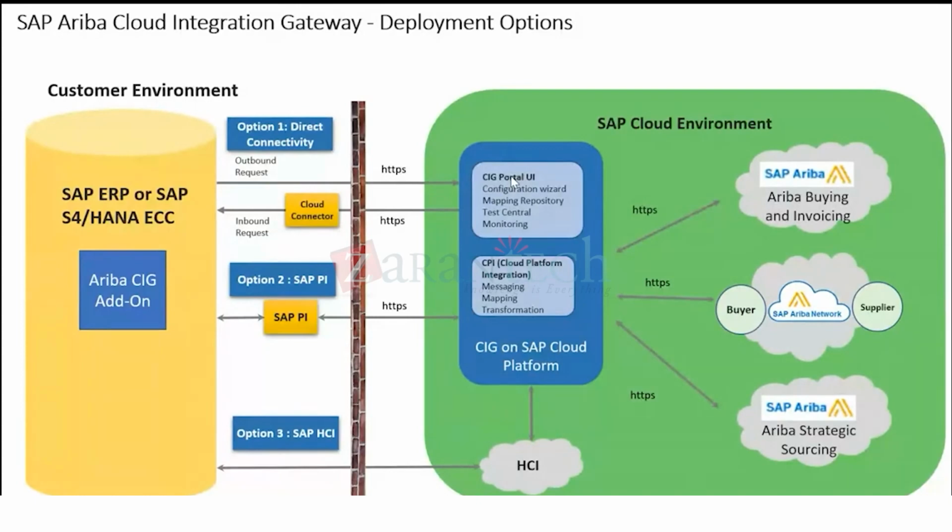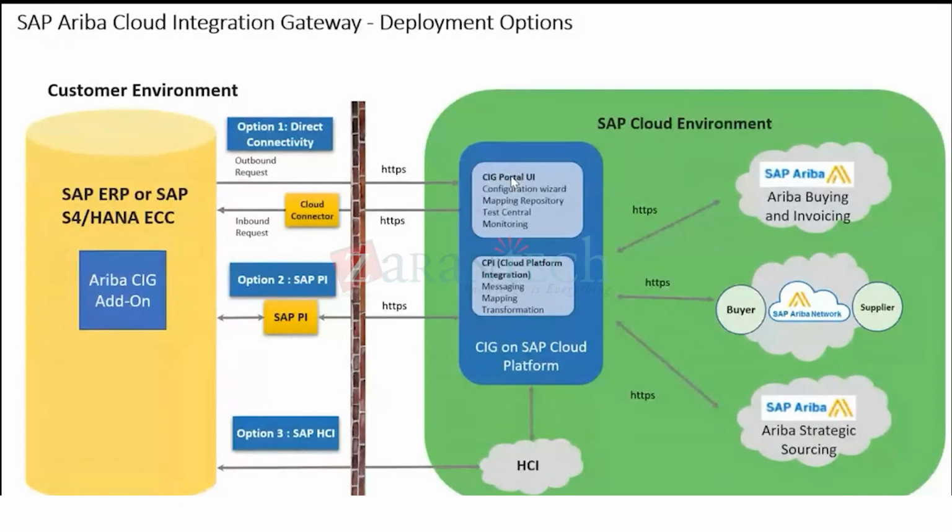When I'm talking about a pass-through scenario, no mapping, no logic, nothing will be written in the PIPO system. It will only act as a middleware that will route the message from ERP to Ariba CIG, and all the logic, mapping, and transformation will be done on the CIG side only, and then CIG will route those messages.